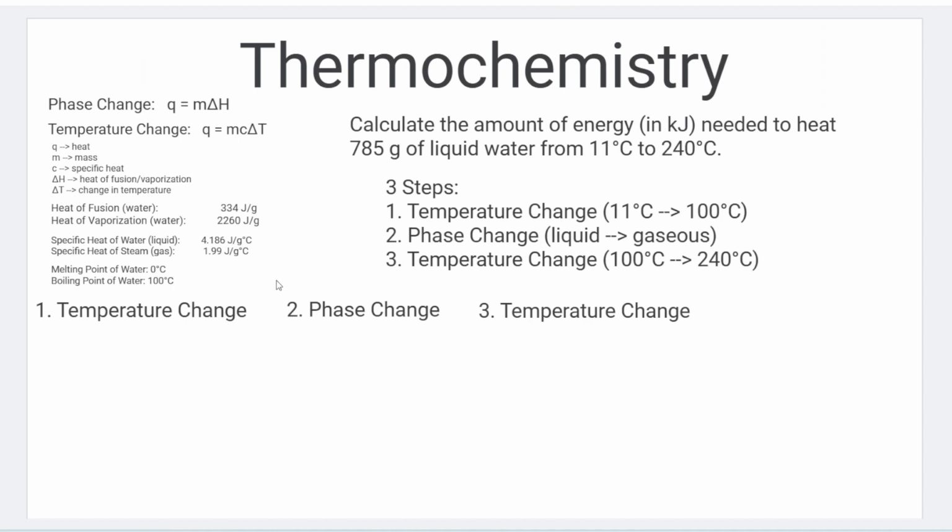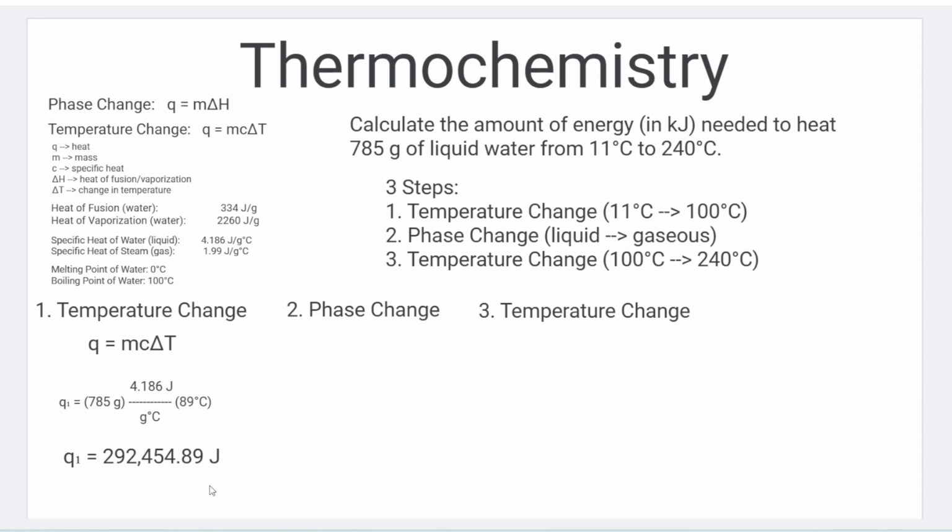For the first temperature change, we will use Q equals mc delta T to solve for the amount of heat required. And so we can plug in our values for mass, specific heat, and change in temperature to solve for Q1, aka the amount of heat required for step 1. And so Q1 is 292,454.89 joules.